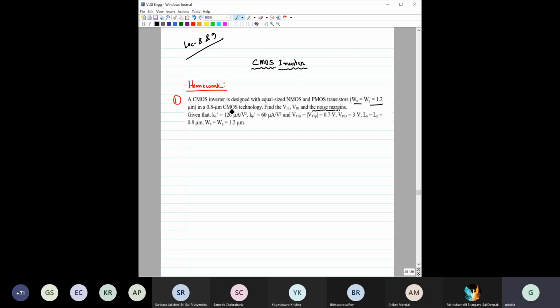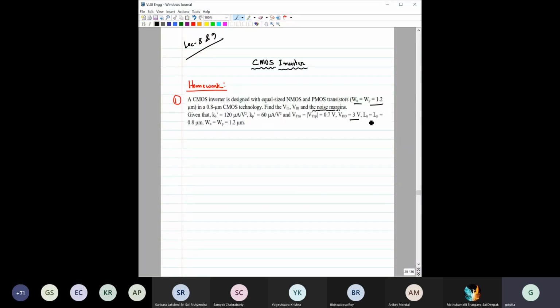This is basically one technology node, so you can consider as of now that this is close to the gate length. The KP dash values and threshold voltages of both transistors are also given.